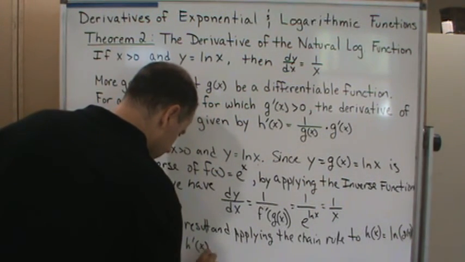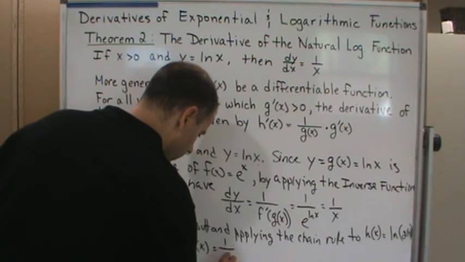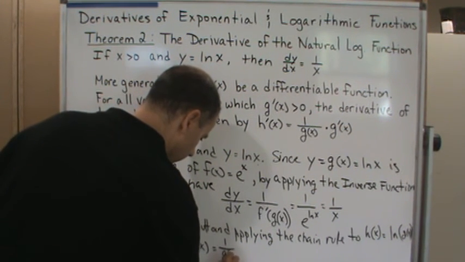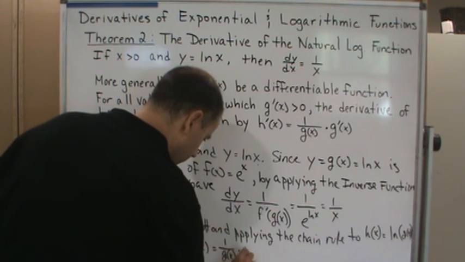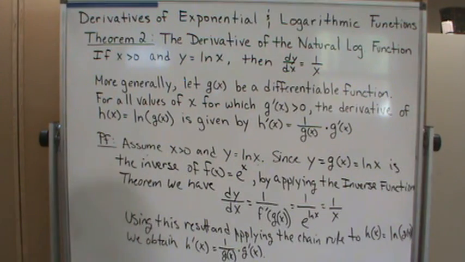H prime of x is equal to 1 over g of x times g prime of x. And that's it. So we obtain the same thing.